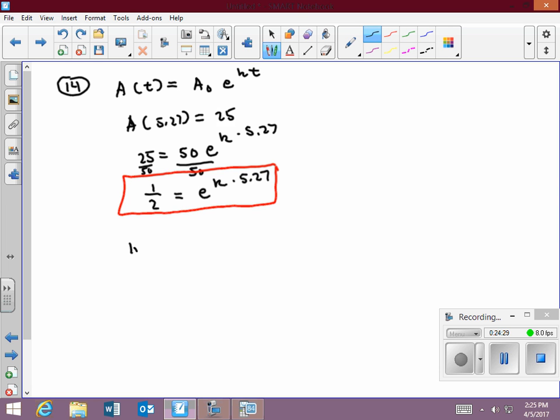So you do ln of 1/2 equals ln of e to the k times 5.27. I'll do it the other way, 5.27 k. Now what?